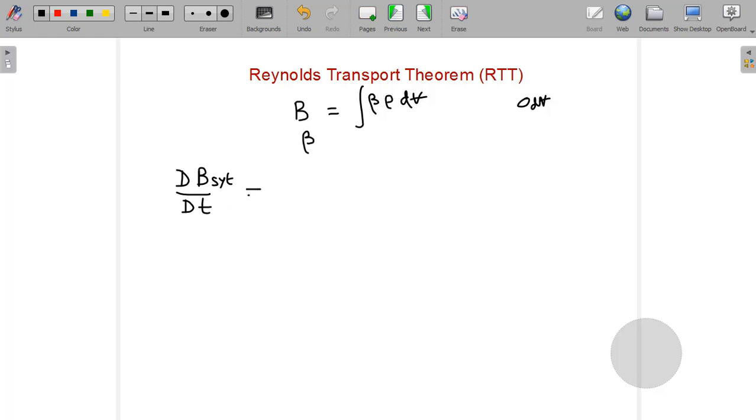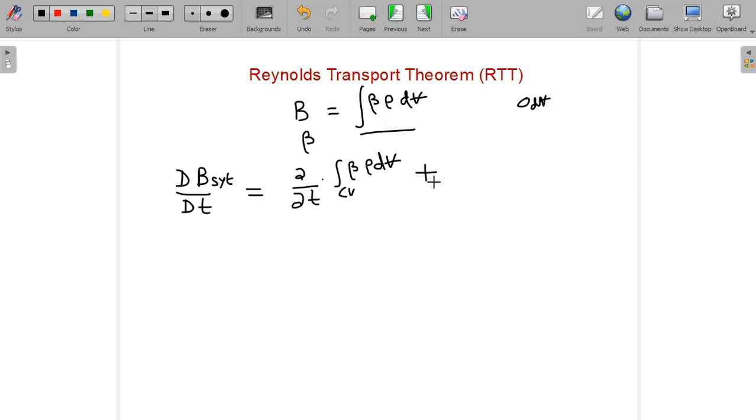is equal to del/del t of B of the control volume. This also can be written in this way: instead of writing B of the control volume, you can write it in terms of a volume integral, beta into rho dV, and this integration is over the control volume.